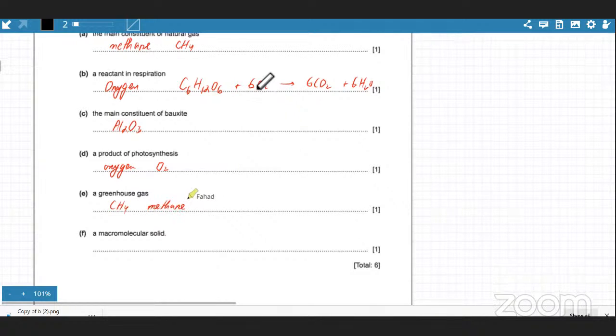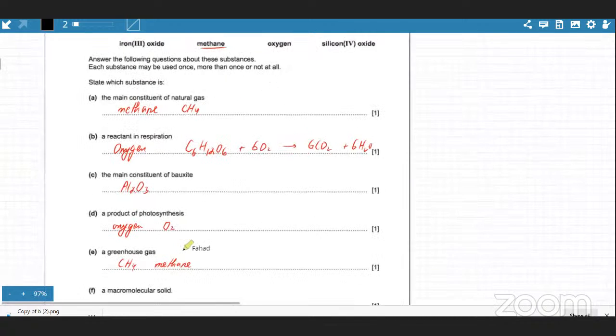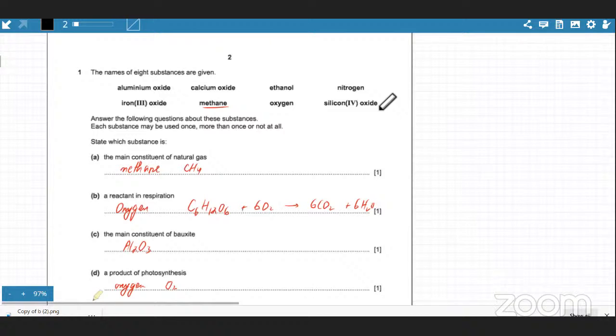And then the next part is a macromolecular solid. A macromolecular or giant covalent structure is silicon(IV) oxide, SiO2. If I draw the structure of SiO2, it's a silicon bonded to four oxygen atoms in a tetrahedral arrangement. So this is the three-dimensional structure.